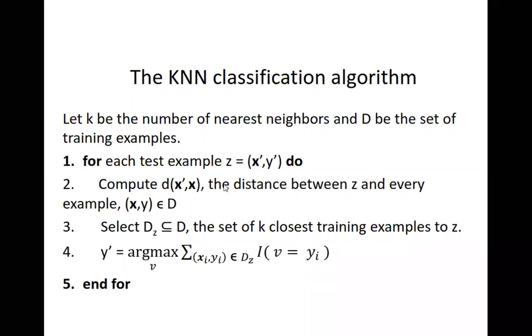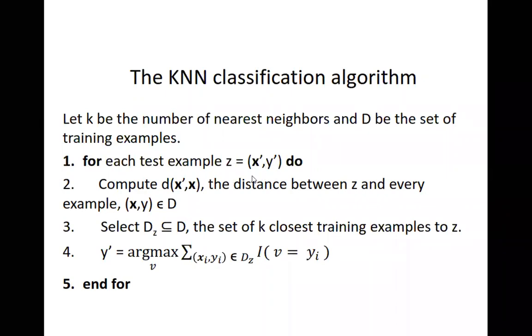Now, see, what this KNN algorithm has to do. We have a new data. For that new data, you have to compute the distance, and then classify which class it belongs to. Z is our test data, Z is equal to X dash, Y dash.